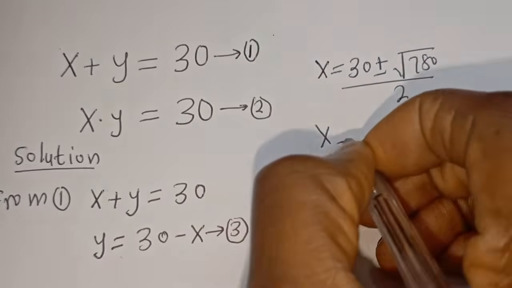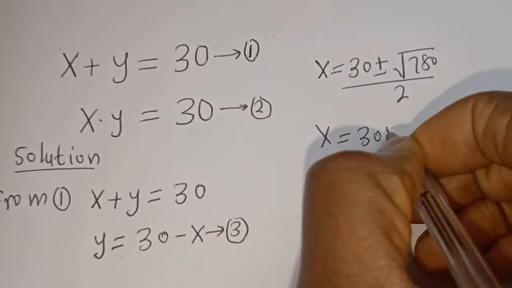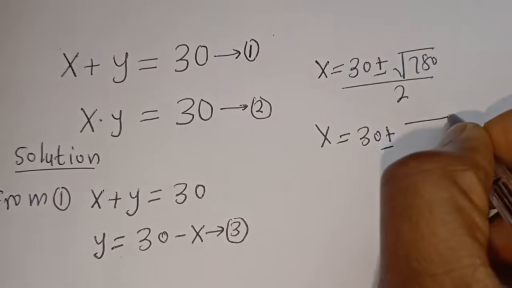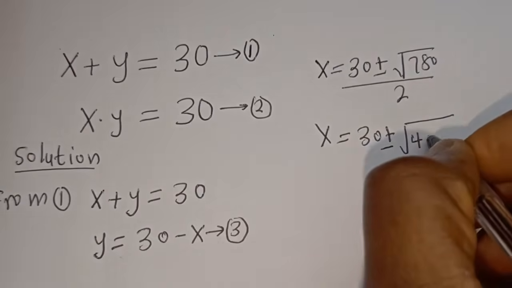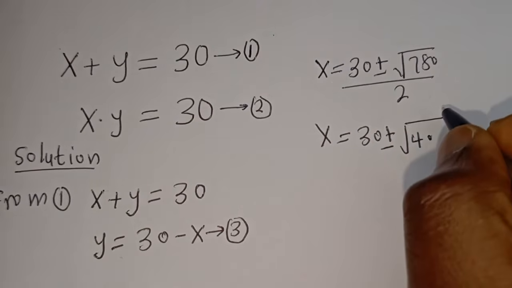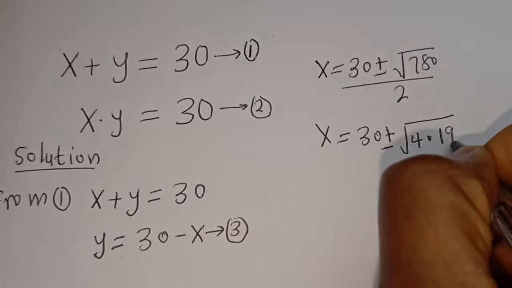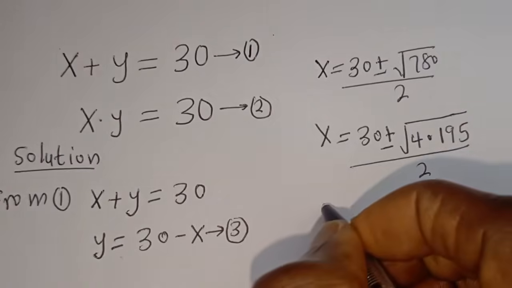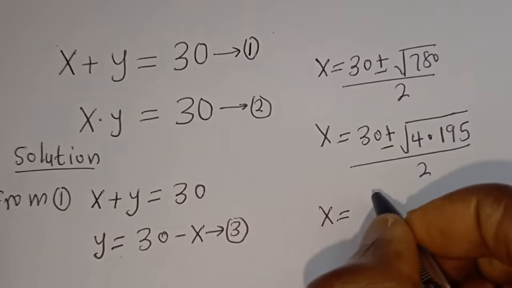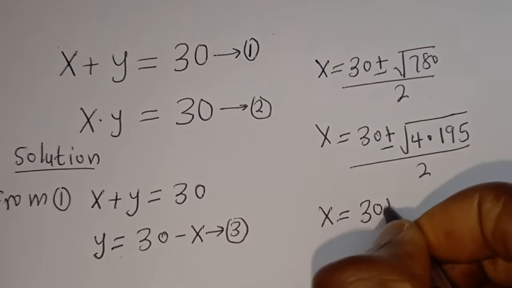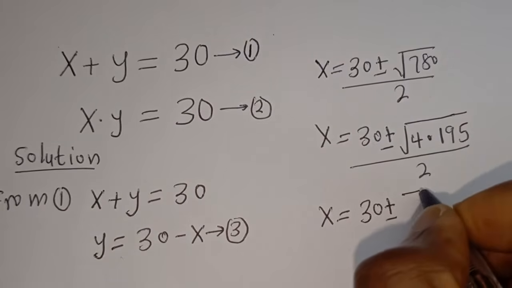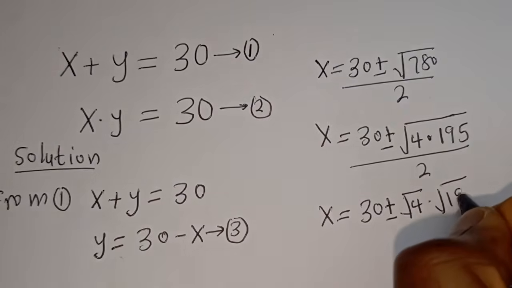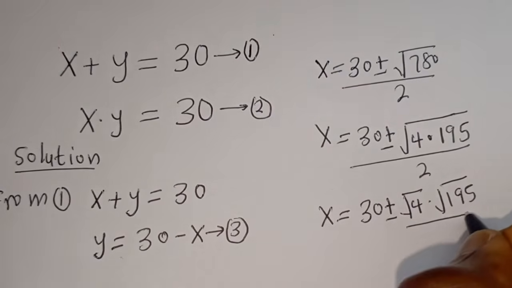Square root of 780 can be written as square root of 4 multiplied by 195, over 2. Then x is equal to 30 plus or minus square root of 4 multiplied by square root of 195 over 2.